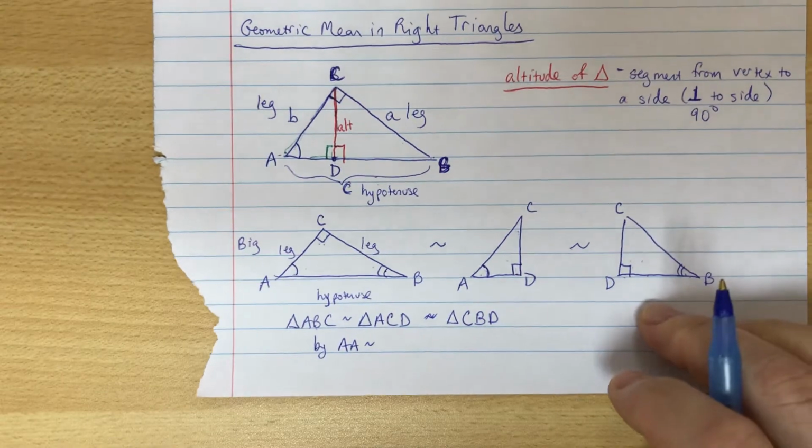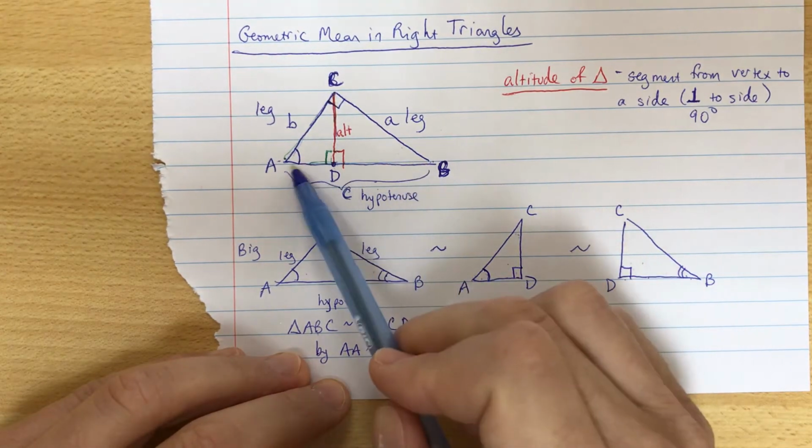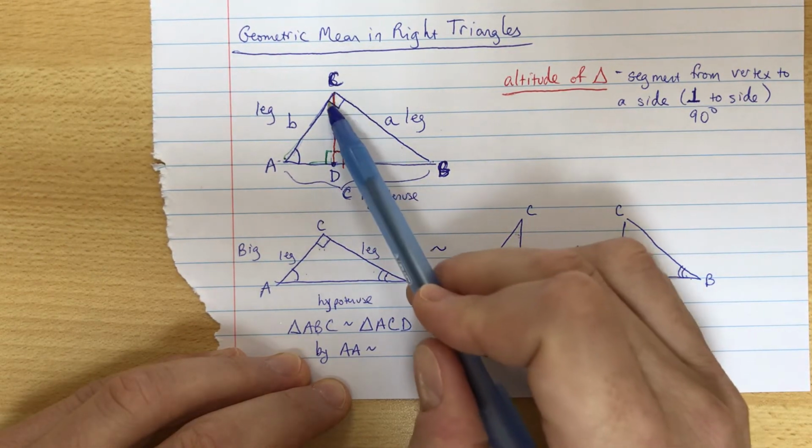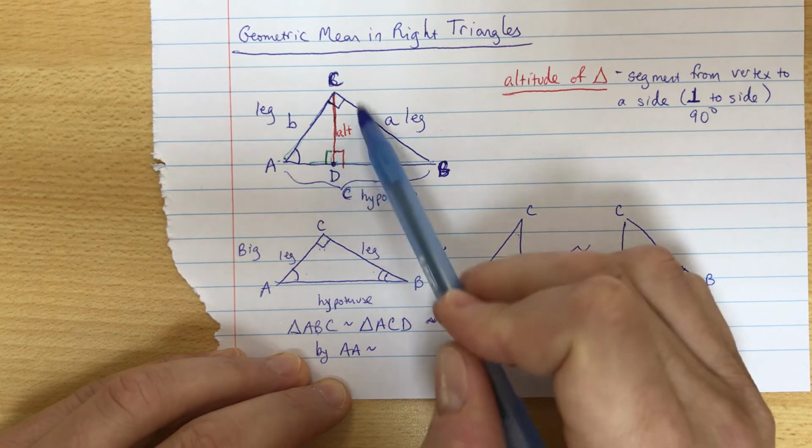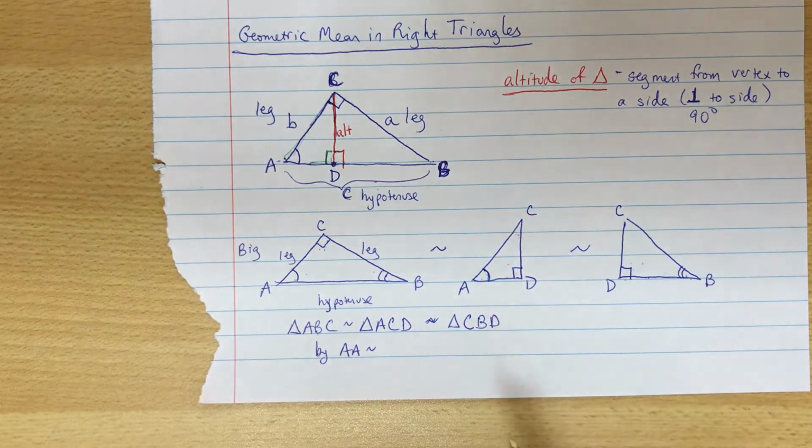So when you have a big right triangle and you draw an altitude from that right angle, it creates three similar triangles.